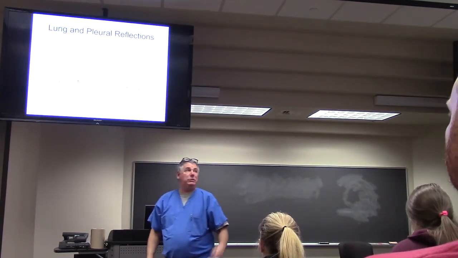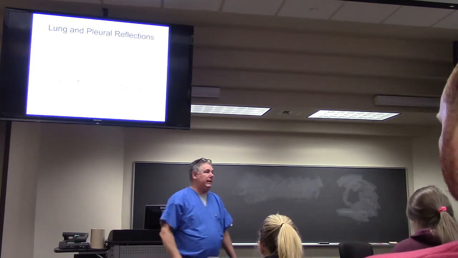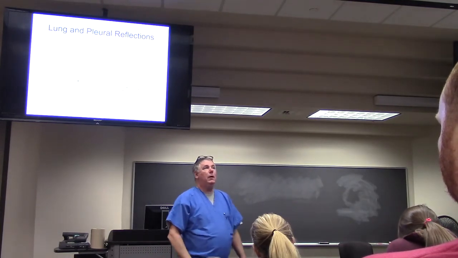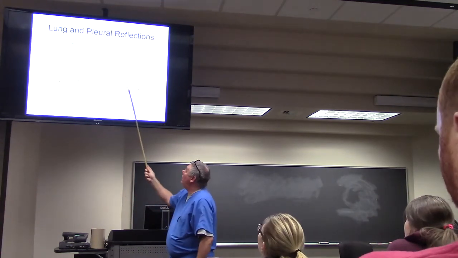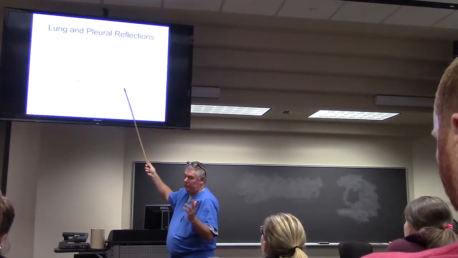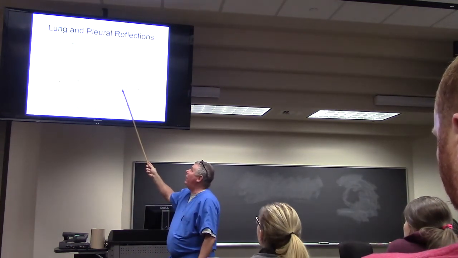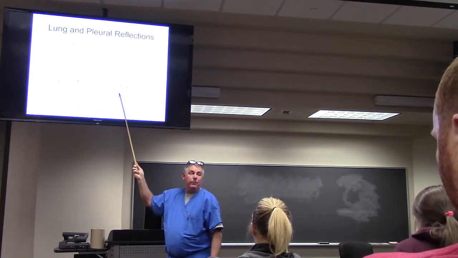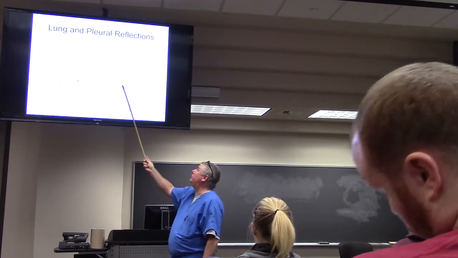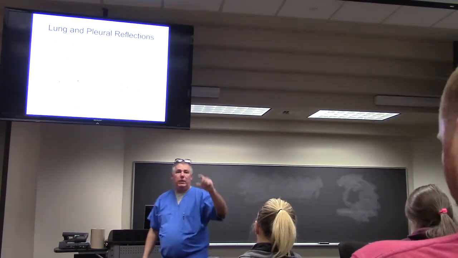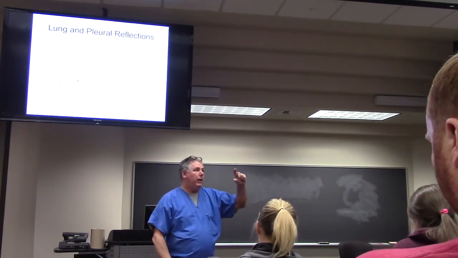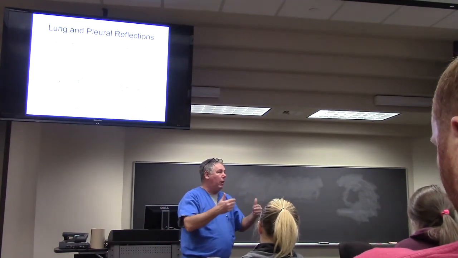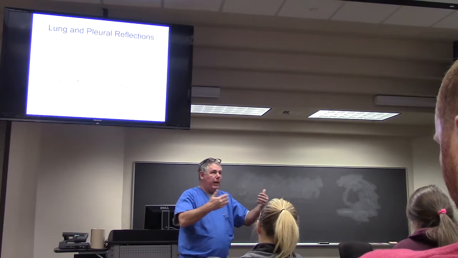They're called the costodiaphragmatic recesses. Your pleural cavity goes all the way down to T12, but the lung itself only goes down to T10. So there's a couple of vertebral spaces where there is no lung. It's just empty space.